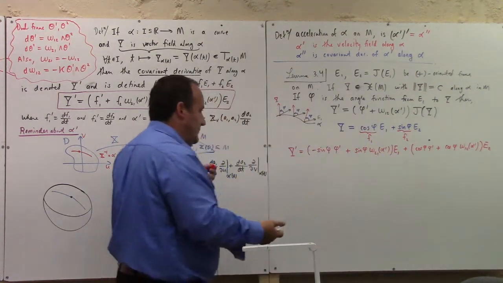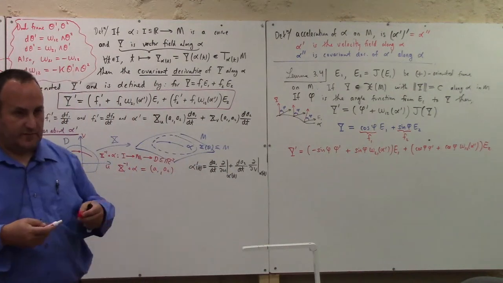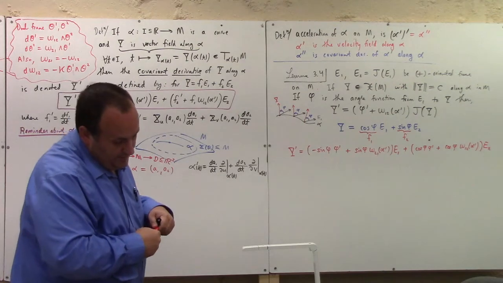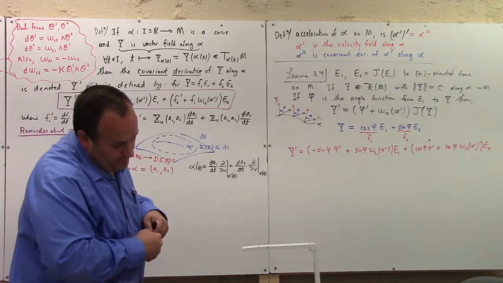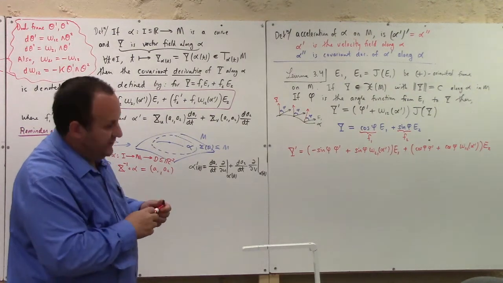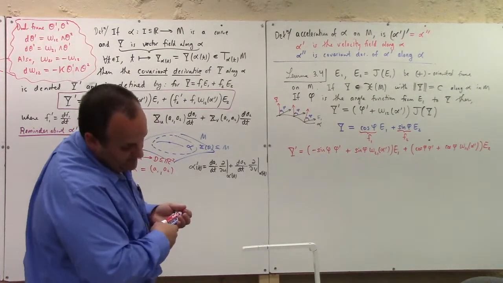All I did in red was just apply the definition of covariant derivative to our current context. And then what you want to do is group together. Well, you see we got a common story here.